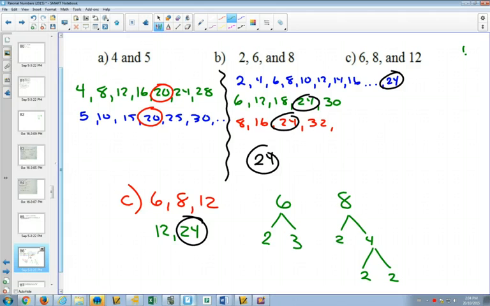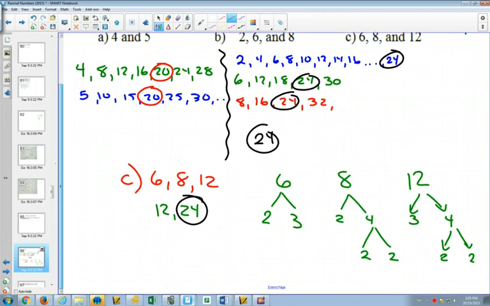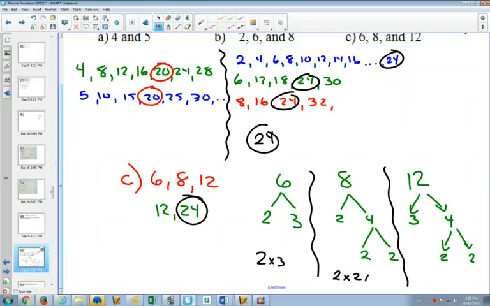And 12 is 3 times 4, and 4 is 2 times 2, and so 12 is 3 times 2 times 2. So 6 is 2 times 3, 8 is 2 times 2 times 2, and 12 is 3 times 2 times 2.